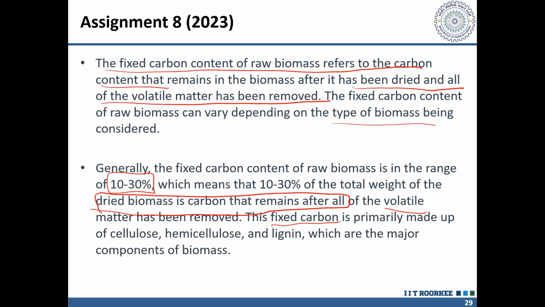This fixed carbon is majorly made up of cellulose, hemicellulose, and lignin, which is collectively known as lignocellulosic biomass. So the amount of carbon present in lignocellulosic biomass is known as fixed carbon, which is generally around 10 to 30% depending upon the type of biomass being considered.